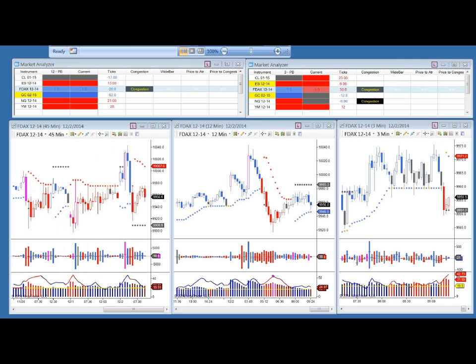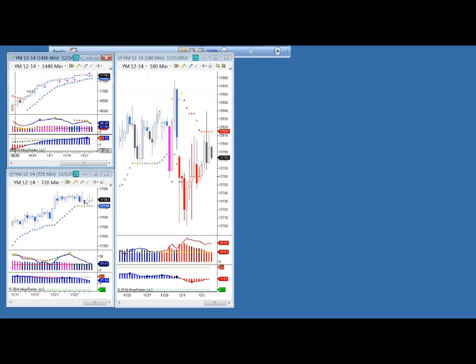Would you take a long on the DAX 12 at the ATR for a binary even though it's mid-level of a congestion zone on the 45-minute chart? Well, you could. I would want to go back and look at the higher time frames because of what's happening.